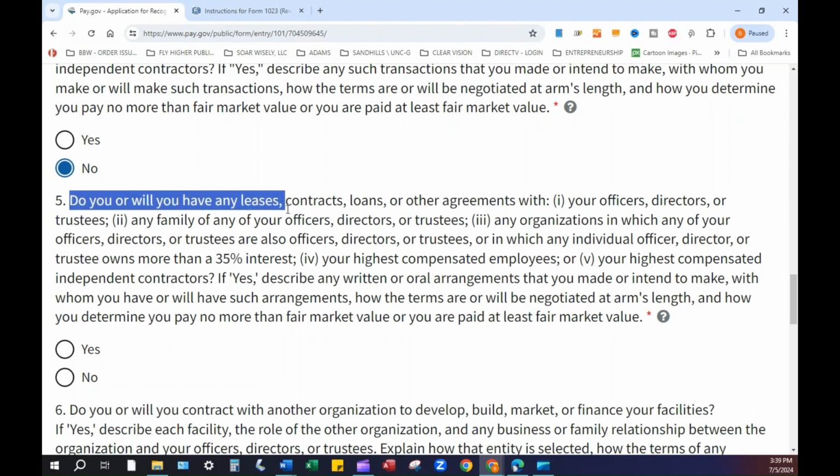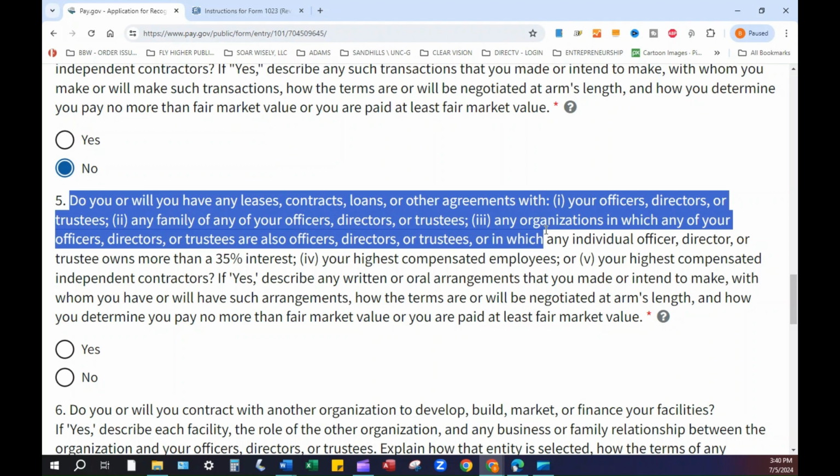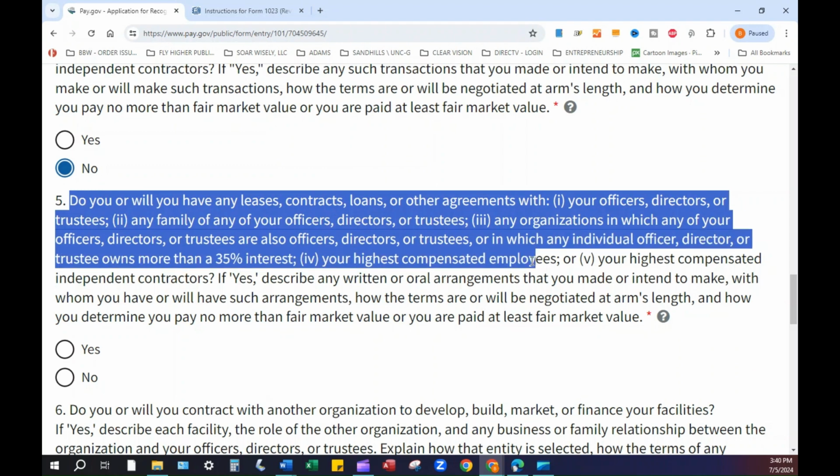Do you or will you have any leases, contracts, loans, or other agreements with your officers, directors, or trustees, any family of any of your officers, directors, or trustees, any organizations in which any of your officers, directors, or trustees are also officers, directors, or trustees, or in which any individual officer, director, or trustee owns more than 35%, your highest compensated employees, or your highest compensated independent contractors.